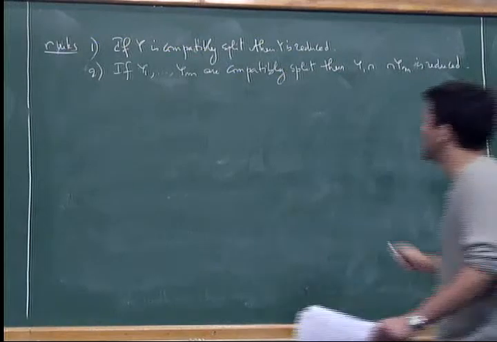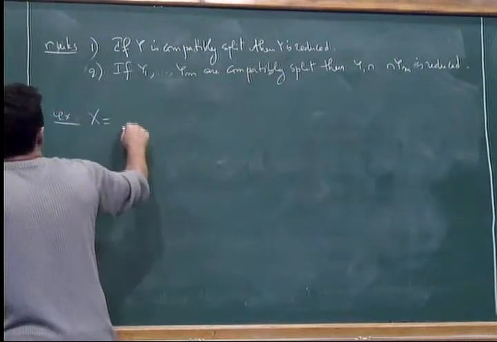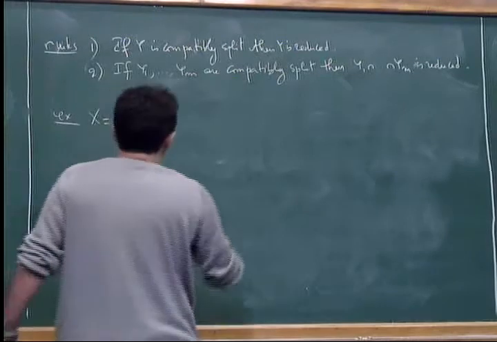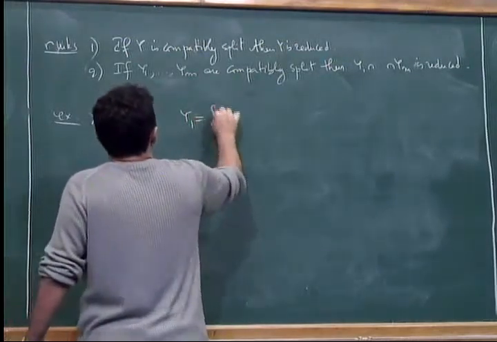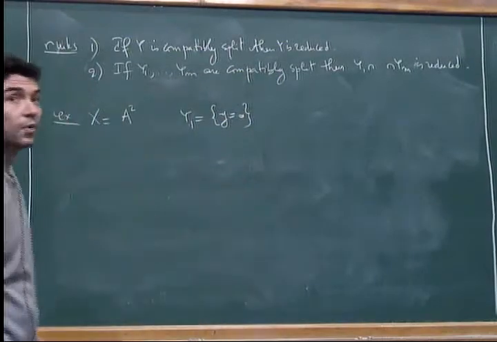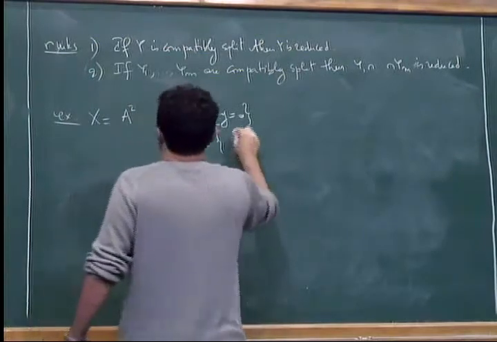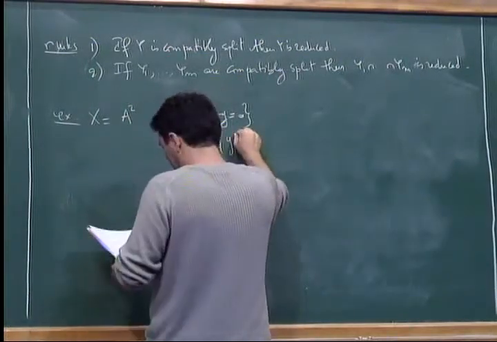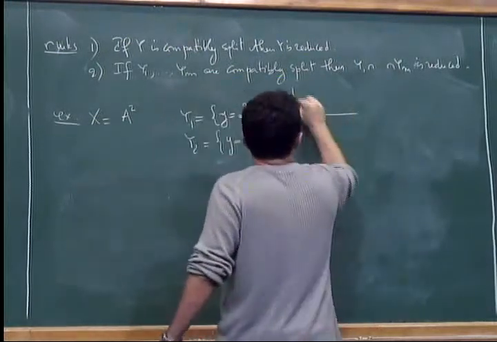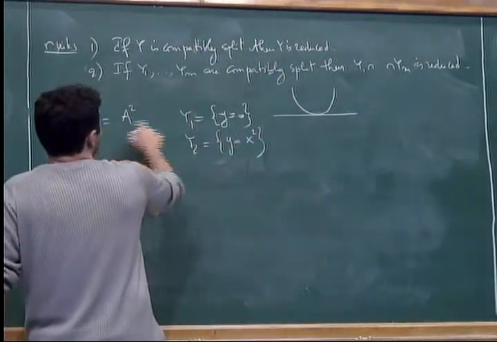So for instance, you look at X the affine plane, Y1 some line, Y2 some conic. X is split.